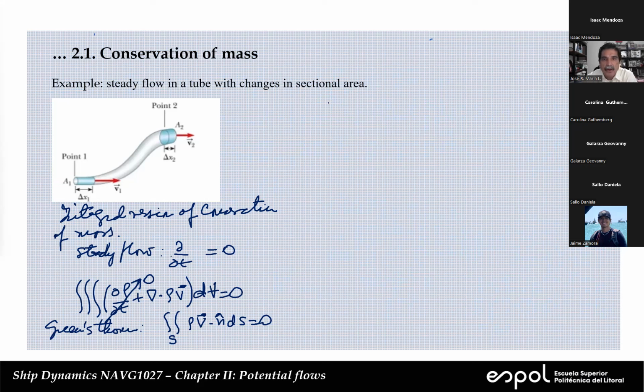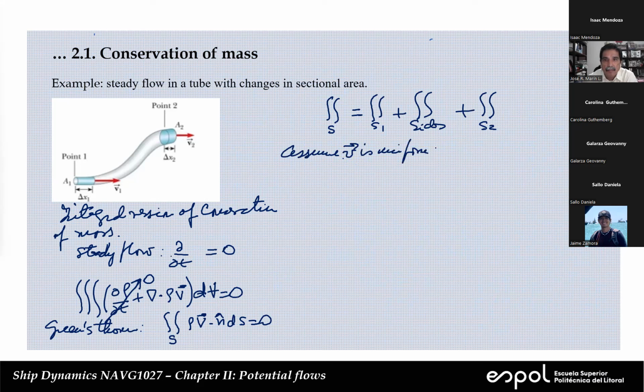Again, we can go on and say that the integral over the whole surface, we can integrate it on S1 plus the integration on the sides, and finally on the out, which is S2. In each one of these, it's typical to assume that v is uniform in any section.